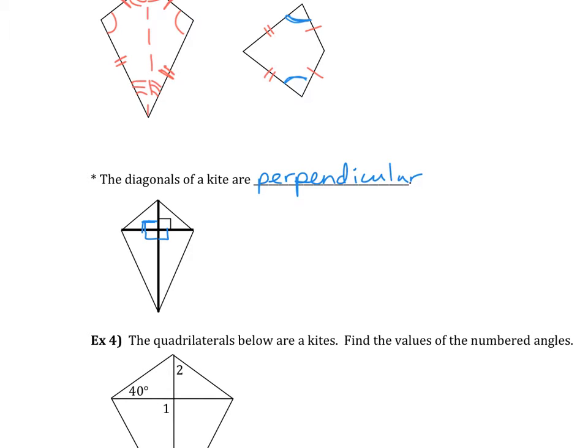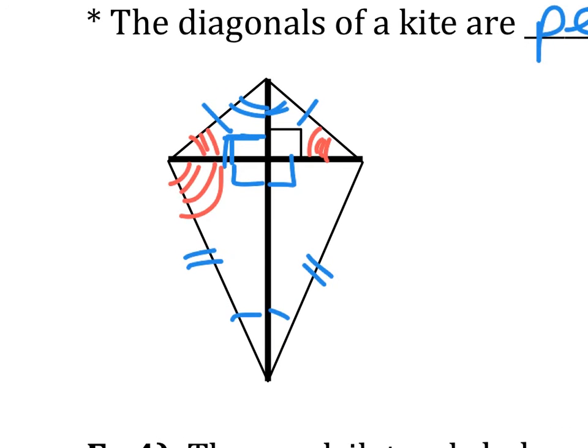Notice, like we said before, if these are our congruent sides, those two and those two, these angles will be the same. These angles will be the same. The other diagonal also makes these two the same, and the ones below it. Sorry, we really should have just zoomed in. We're going to do that.